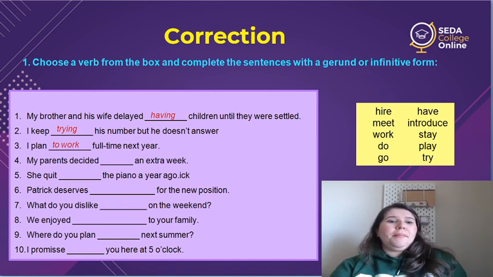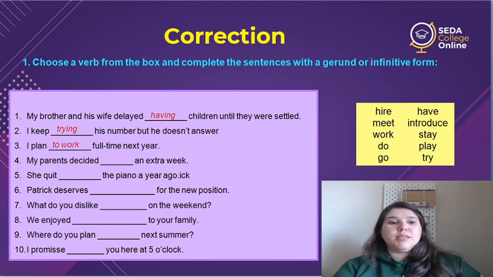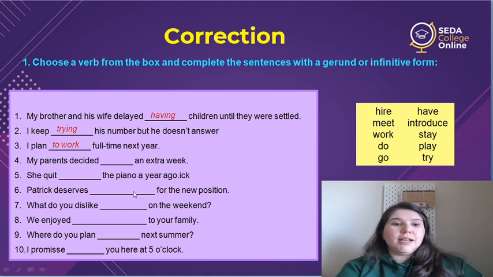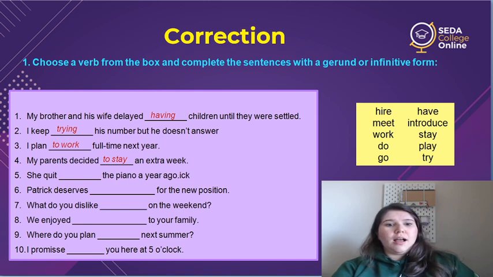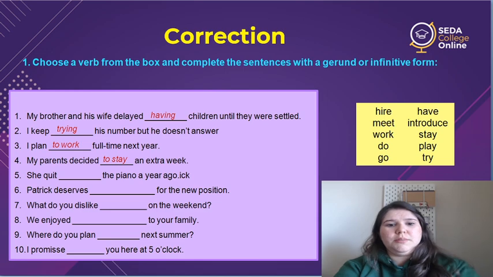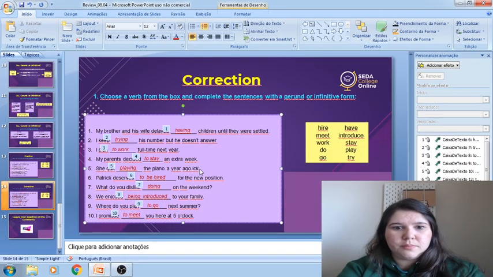4. My parents decided an extra week. So after the verb decide, we use infinitive form. My parents decided to stay an extra week. 5. She quit the piano a year ago.